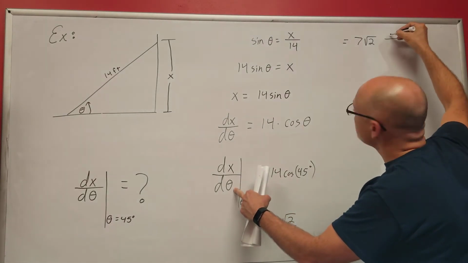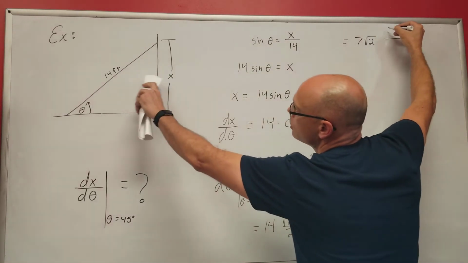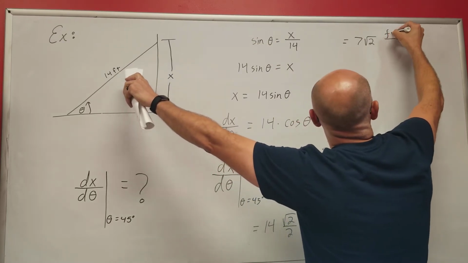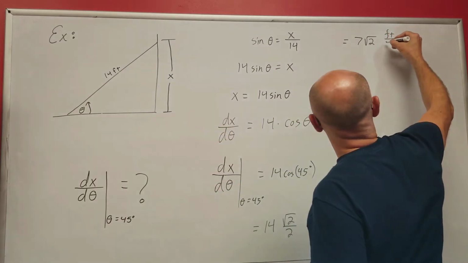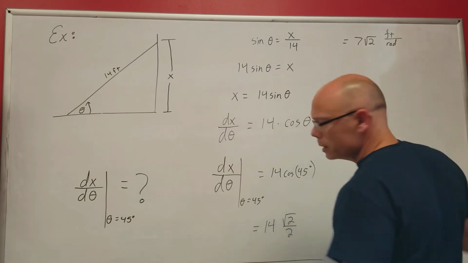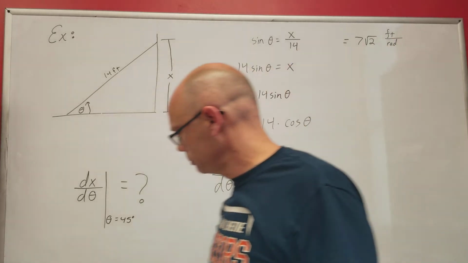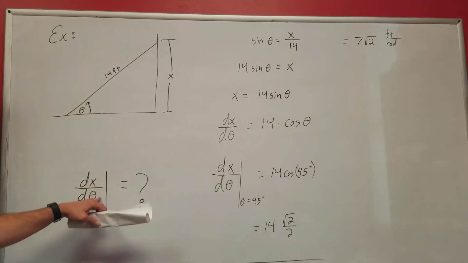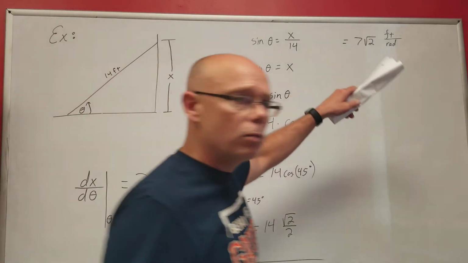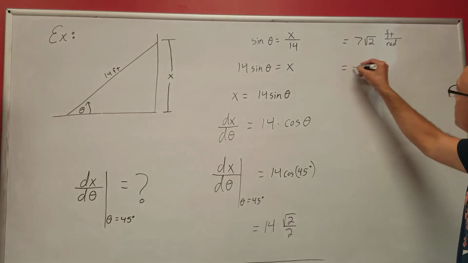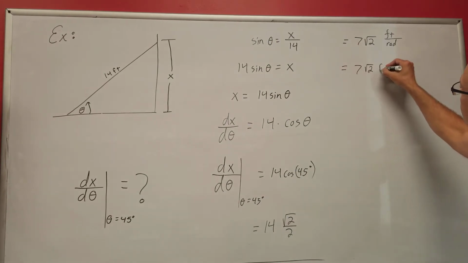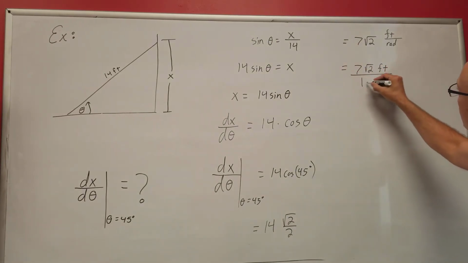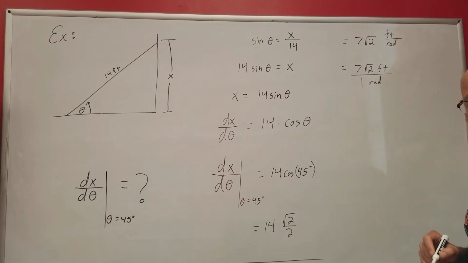What are my units of x here? X is measured in what? Feet. And what is theta measured in, unless we're told otherwise? Radians. So I have my change in x with respect to theta in feet per radian. So that's 7 square roots of 2 feet per 1 radian, what I have right now.